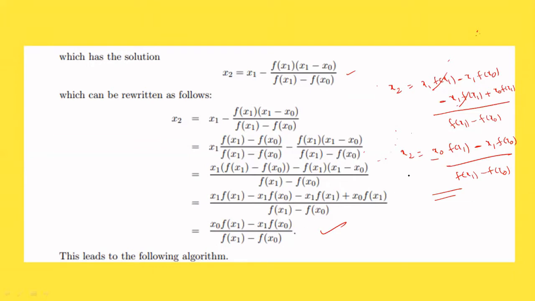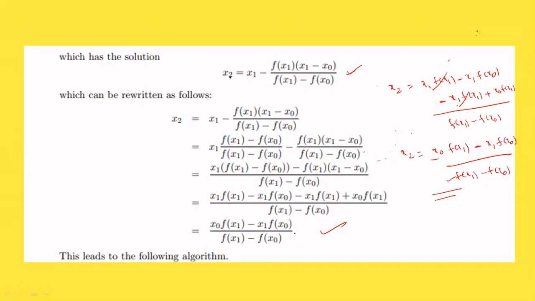So this is the formula: x2 is equal to [x0 into f(x1) minus x1 into f(x0)] by [f(x1) minus f(x0)]. To find your next approximation, you can use this one or this one, that is your choice.